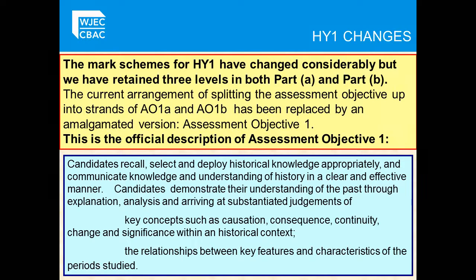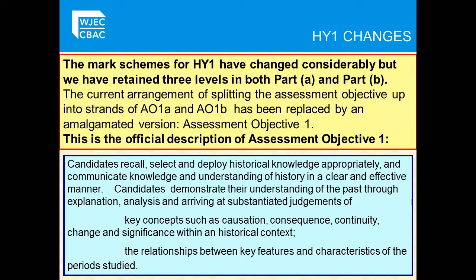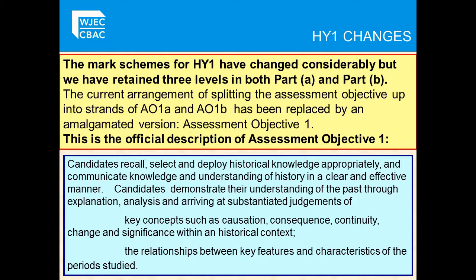You will note that it requires candidates to have knowledge of the topic, to communicate clearly, to be able to analyse, to explain, to evaluate, and to reach a judgment about key concepts and characteristics, and also to explain the relationship between them. We have combined the 2 strands into one and laid out the mark scheme in a different fashion, but one which, we feel, provides clear guidance as to how and why certain marks have been awarded.